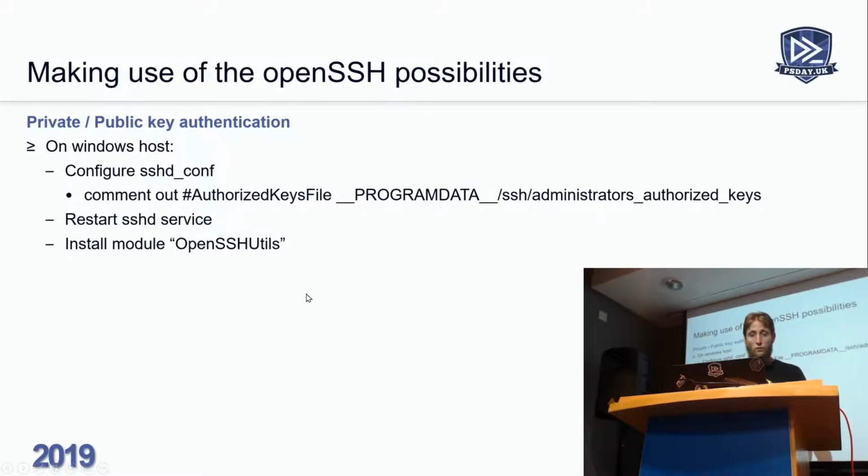On the Windows host, which we want to try to reach, we have to go to our sshd_config and uncomment that line, because it points to the authorized keys for an administrator group and so on. It's a little bit buggy, as it seems, so I commented that out, restarted the service afterwards, and I installed a module, OpenSSH Utils, why you will see.